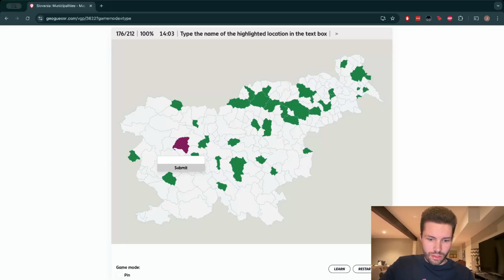This should be Gorenja Vas. Poljane. That is the Stork Village, Velika Polana. Naklo. This is Sveti Andraž, I think. Slovenske Gorice.